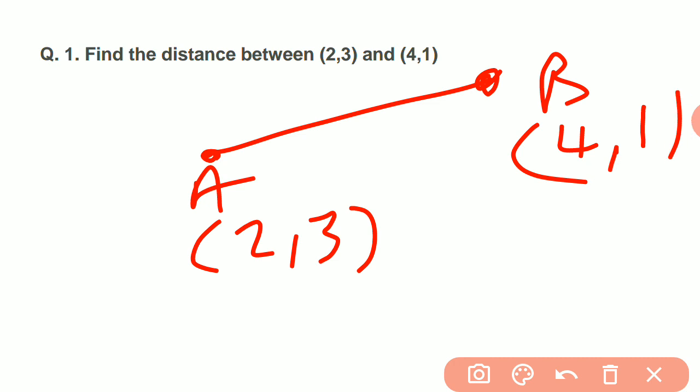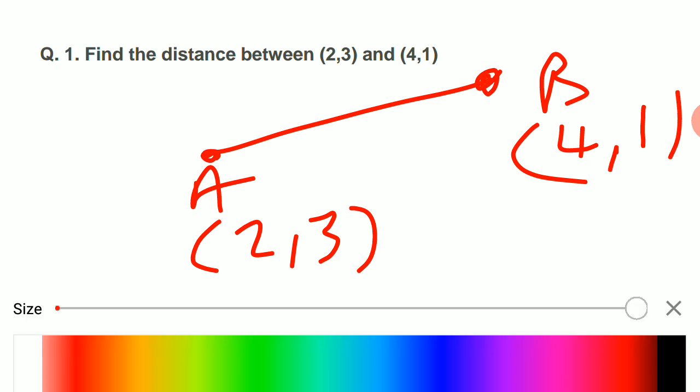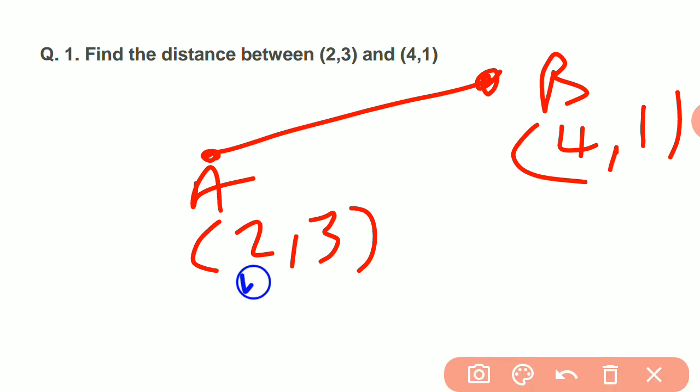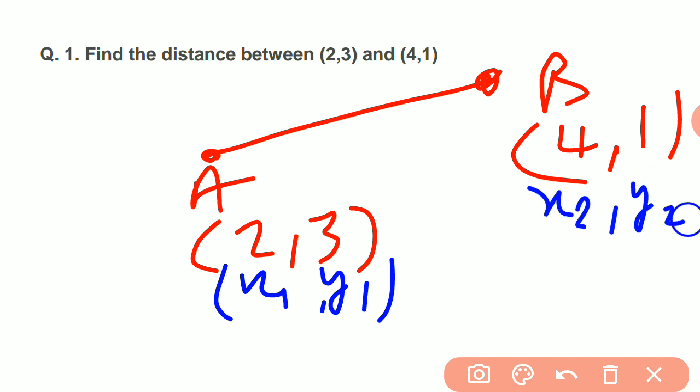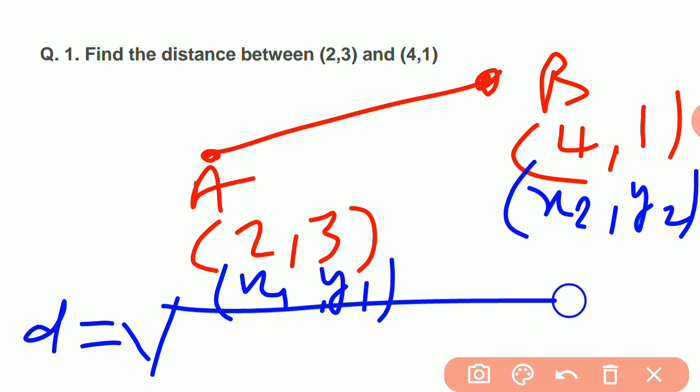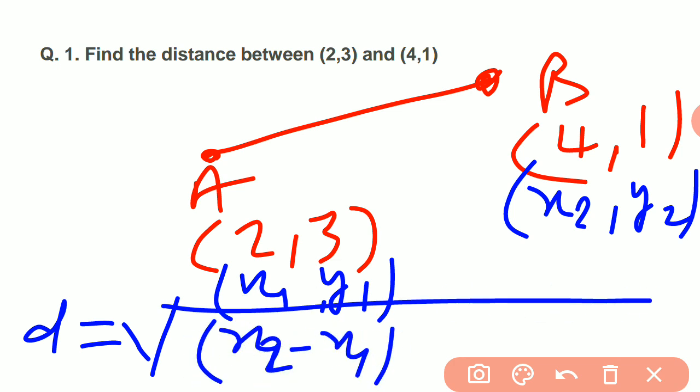So we will write this is x1 y1 and this is x2 y2, and then we will put the distance formula d equals under root of x2 minus x1 whole square plus y2 minus y1 whole square.